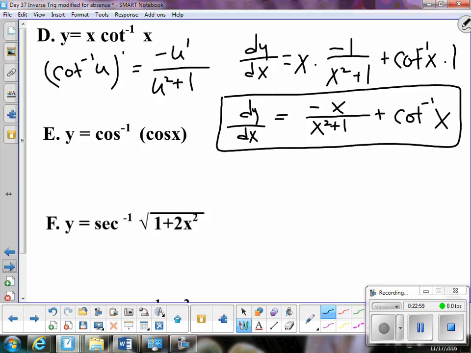Now, look at example E. I could write down the formula for the derivative of the inverse cosine of u and do that. But look at it. Are you looking at it, kids? All right, I hope you're looking at it. Can you simplify that? You have a composition of a function and its inverse. The inverse cosine of the cosine of x, why, that's just another way of saying y equals x.